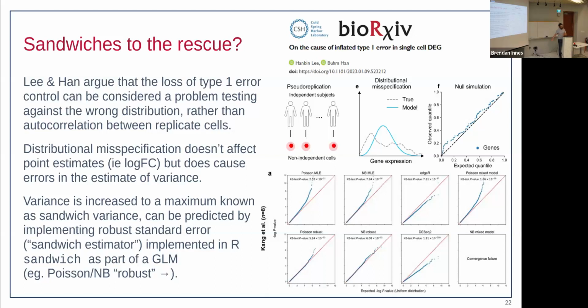They also tested on some data sets with hundreds of replicates, and the pseudobulk methods perform as well as their robust error estimator or sandwich estimator implementations on those. So the nice thing about this is you don't actually need to know where your samples came from, because you're not correcting for pseudo-replication. So maybe this is an alternative solution.